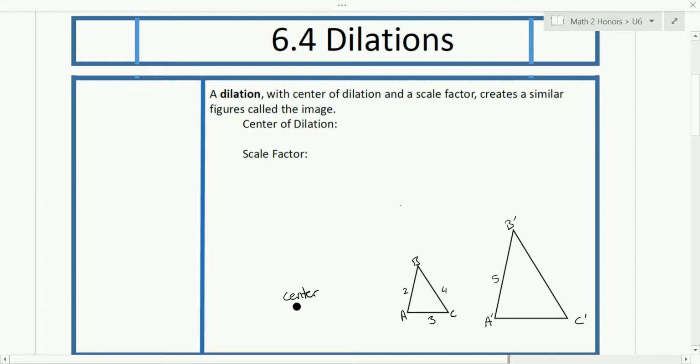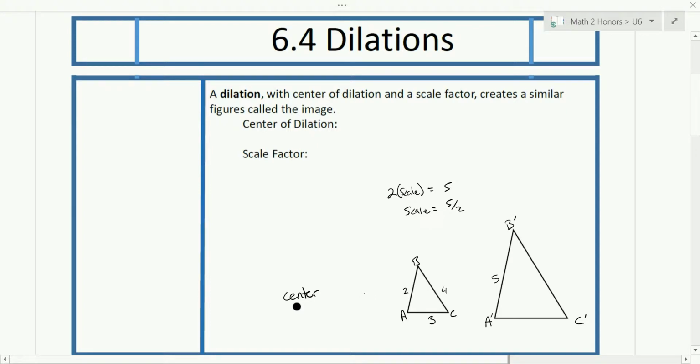As a fraction, what would that be? 5/2. We can always do this because scale factor is what you're multiplying by to get the new values. If I'm going from 2 to 5, I'm thinking 2 times what scale is equal to 5, and you divide by 2, and your scale factor would be 5/2.